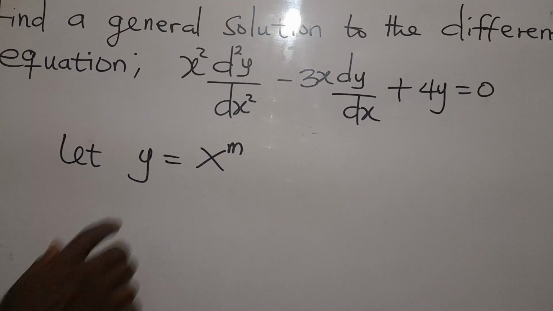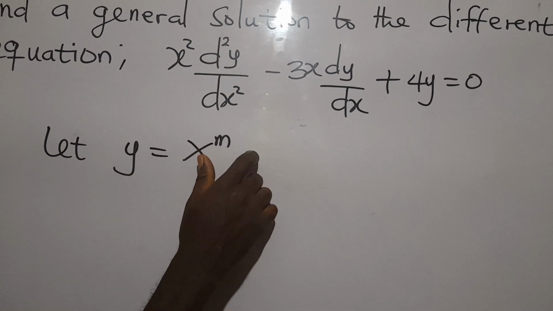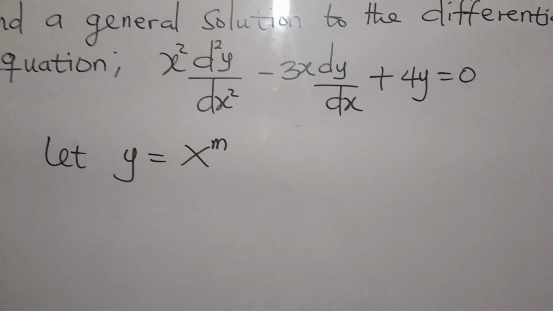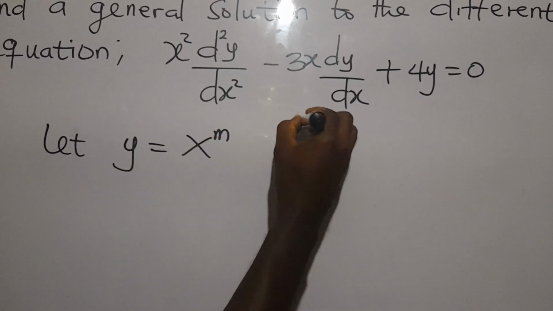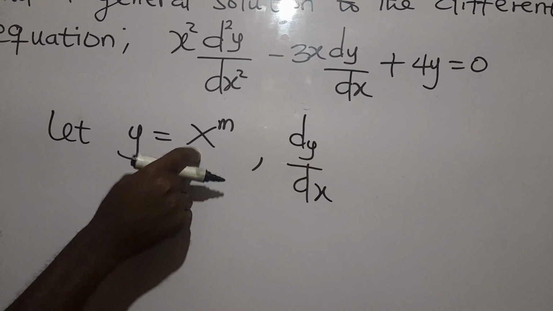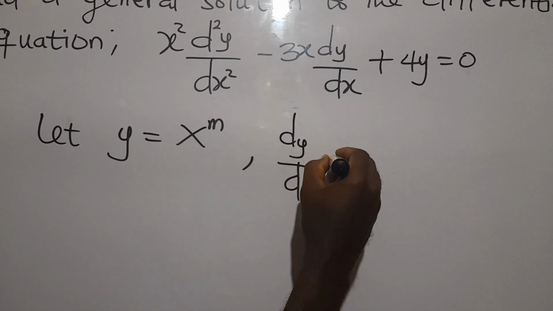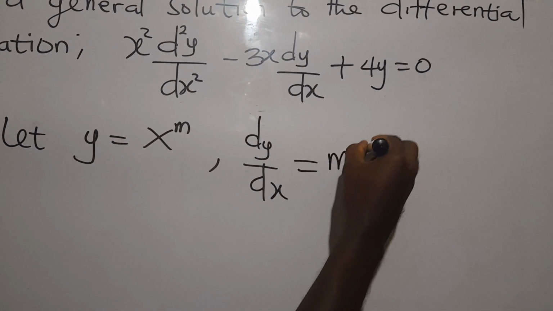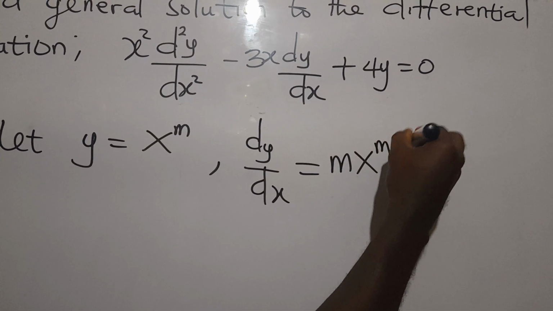Having known that y is equal to x^m, we will find dy/dx and d²y/dx². The first derivative is a matter of differentiating this. Remember, the simple differentiation rule says we drop the exponent, repeat the function, and subtract 1 from the exponent.